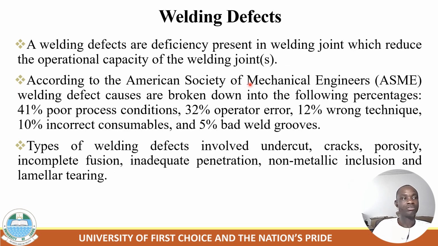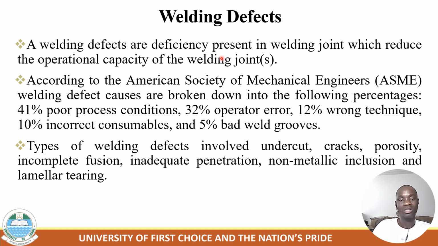Also, we have welding defects. So any deficiency in the weld you have formed is called a welding defect. Welding defects are deficiencies present in a welding joint, which reduce the operational capacity of the welding joint. There's nothing perfect in this life. Everything has its own deficiency to some extent.